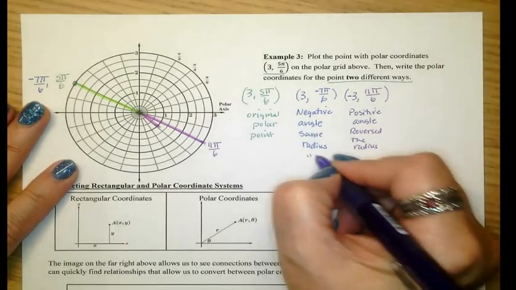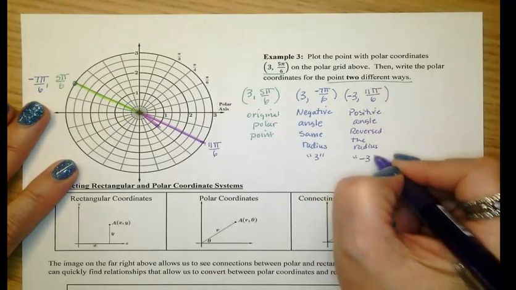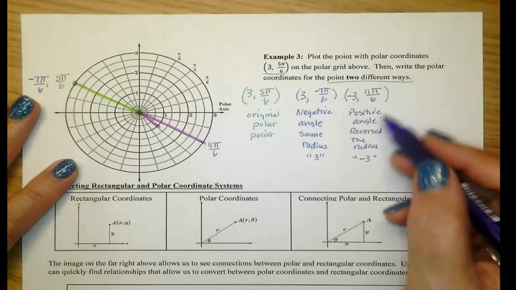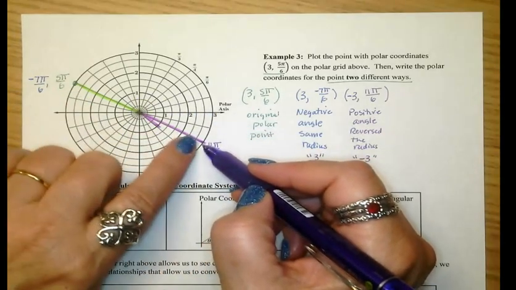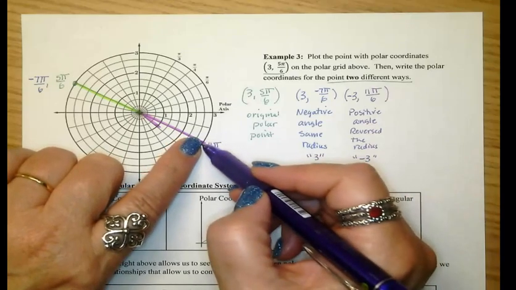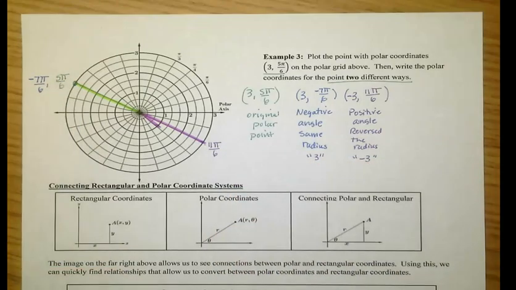So same radius here was 3, but the reversed radius here would be negative 3. Okay, so positive angle from the pole to get the other half of this line down here. And then I reverse the direction of the radius so I could plot my point back that way.